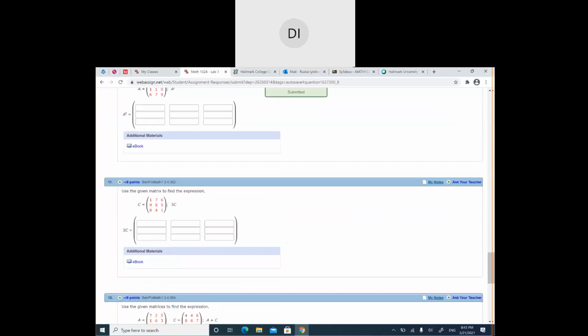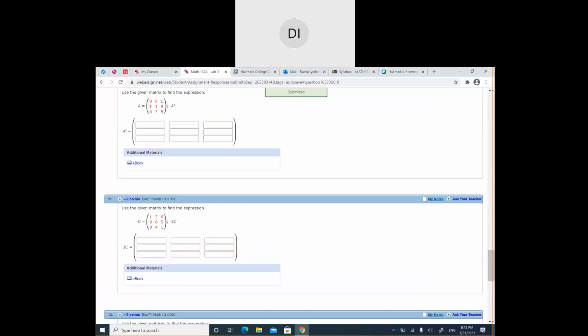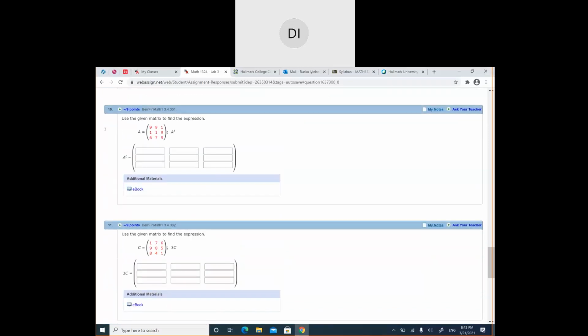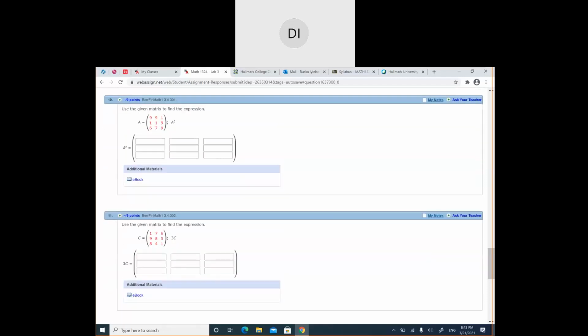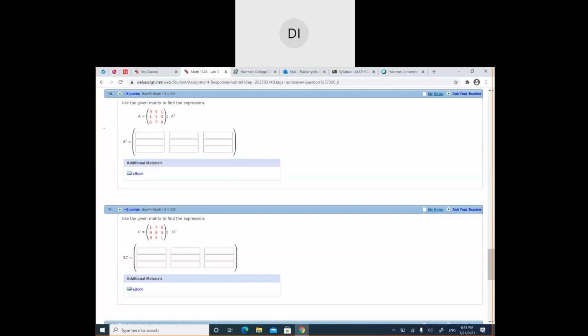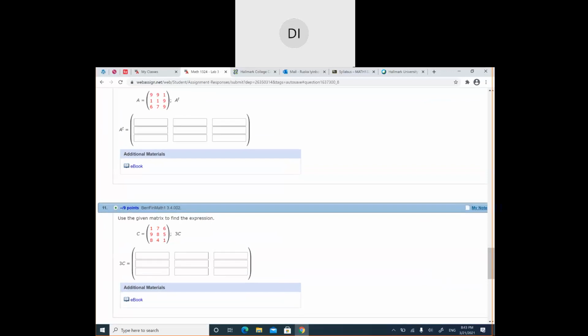And then we have a few more operations with matrices. So we have matrix A, which is number 10, which has the dimension 3 by 3. And we have to find AT. AT means we're going to transfer rows to columns. So this is how this goes.